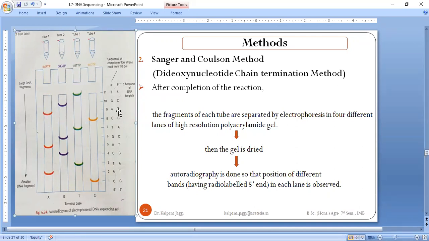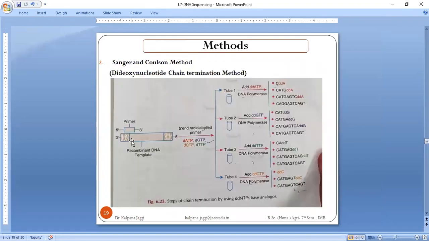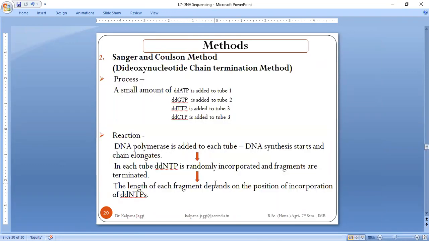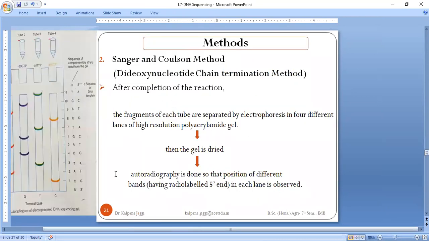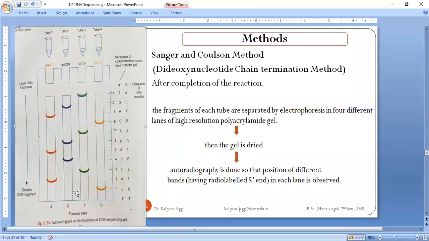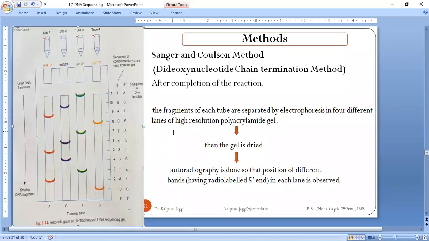So here, one thing that I would like to tell you: whatever ddNTPs are used, these ddNTPs are all radio labeled, right?